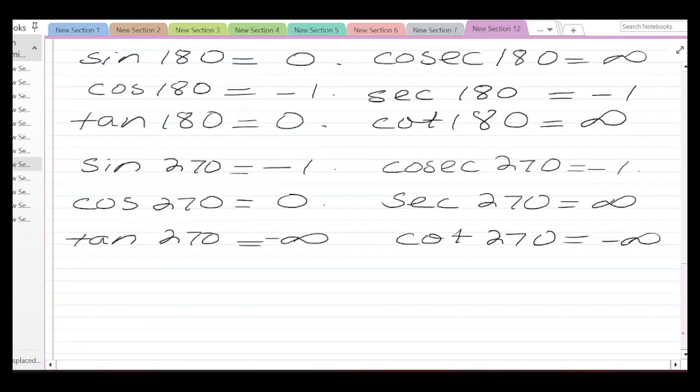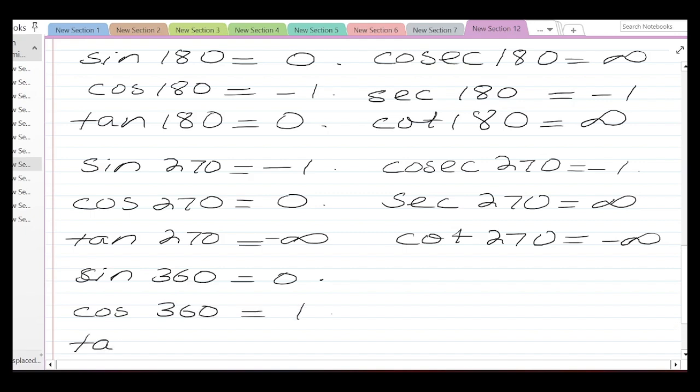And for the last, we will find for 360 degrees. So we will just write sine of 360 degrees, and that will be 0. Then the cos of 360 degrees, that will be 1. Then the tan for 360 degrees, that will be 0 again. And now we will find the reciprocals.